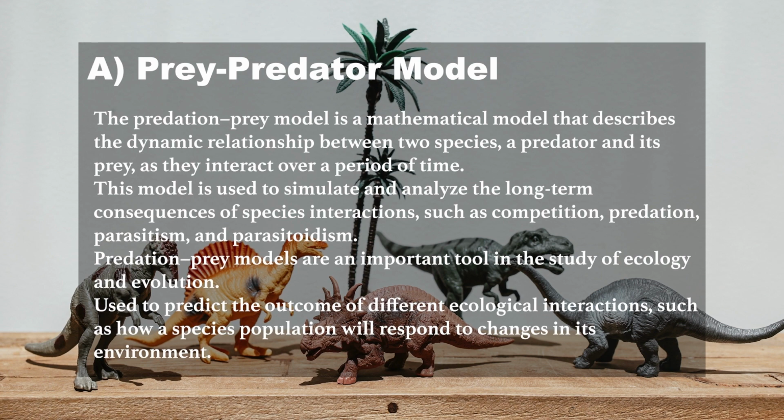Predator-prey models are an important tool in the study of ecology and evolution and are used to predict the outcome of different ecological interactions, such as how a species population will respond to change in its environment.